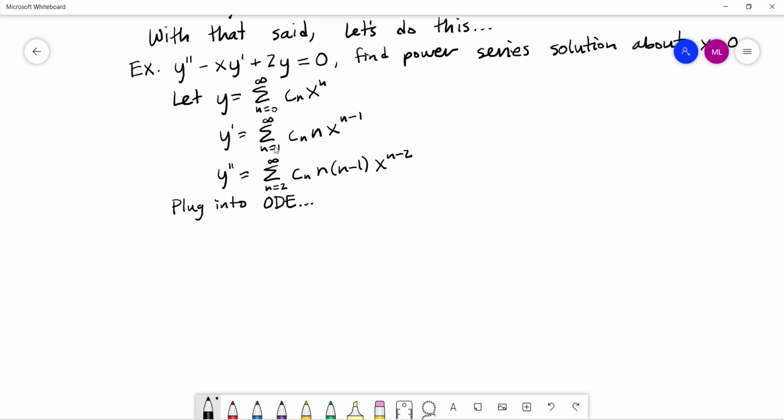So when I plug these into the ODE, the first term is just y double prime, so that's going to be this whole thing. So we're going to get the sum from n equals 2 to infinity of Cn n times n minus 1 x to the n minus 2, minus xy prime. So minus x times y prime looks like this.